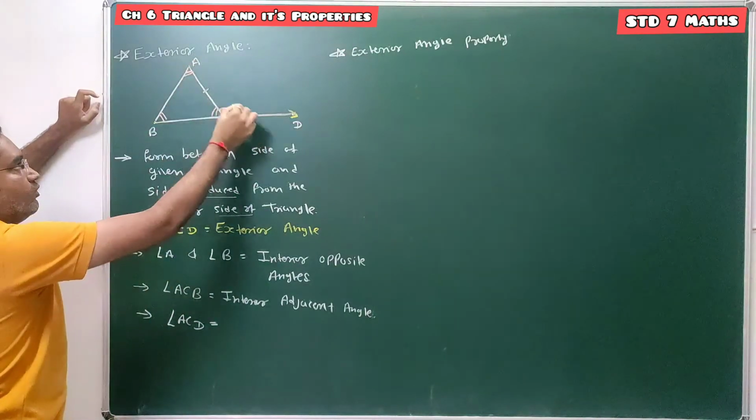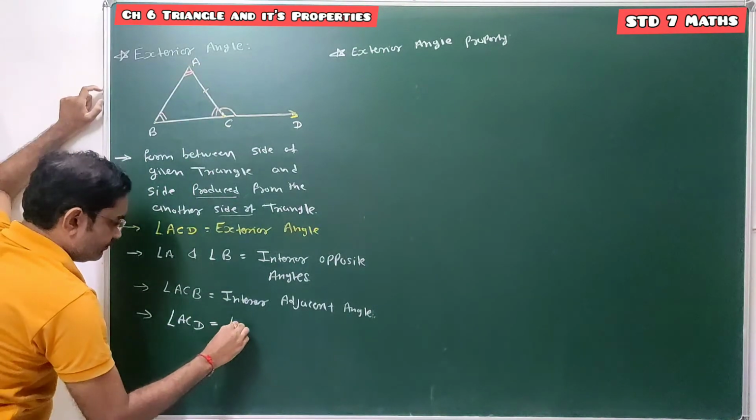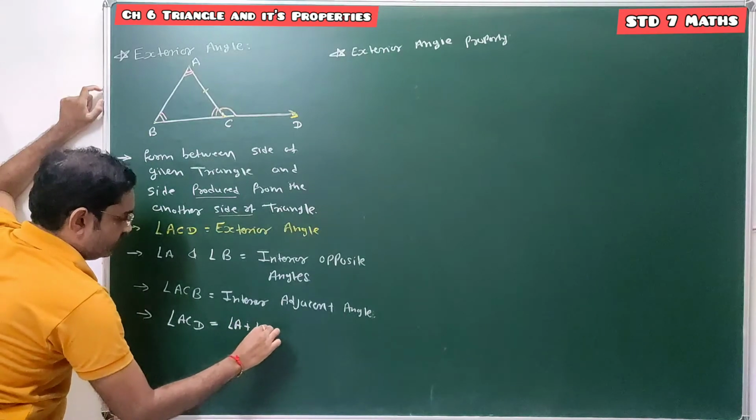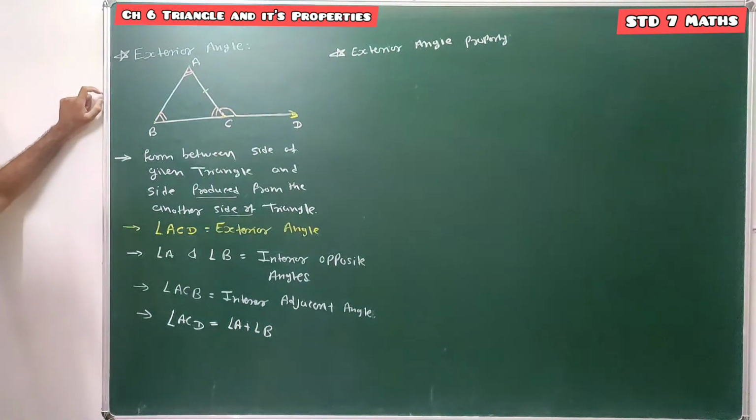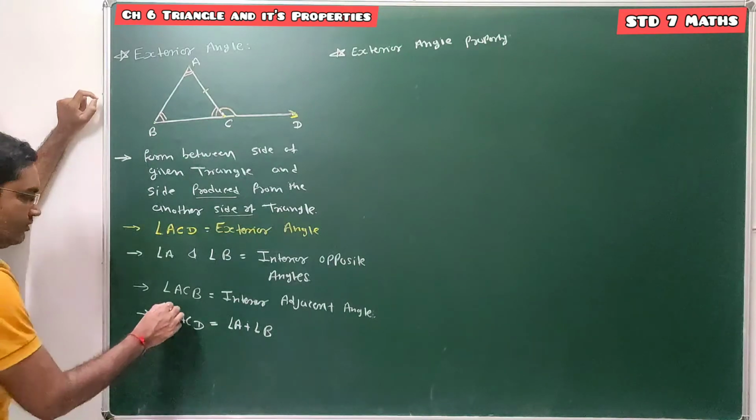So ACD is always equal to angle A plus angle B. Done? The exterior angle is always equal to the sum of its interior opposite angles. That is known as the exterior angle property.